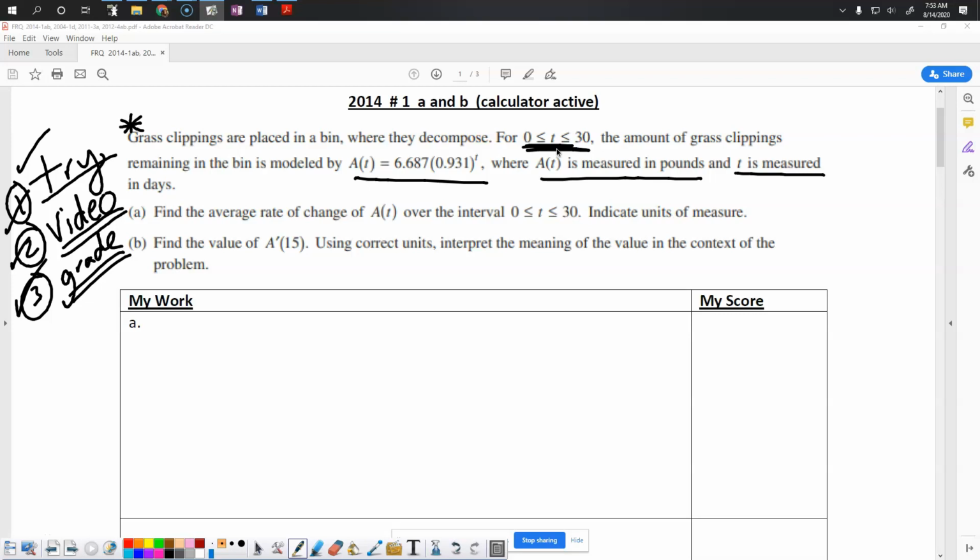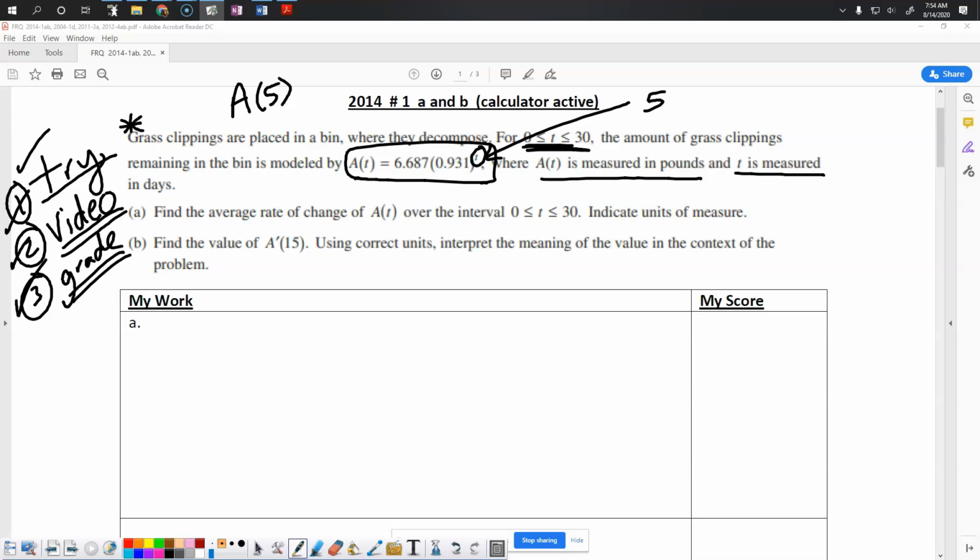And basically what this formula does is, if you were to plug in 5 for t, A of 5 would tell you how many pounds of grass are in the trash can at that point.